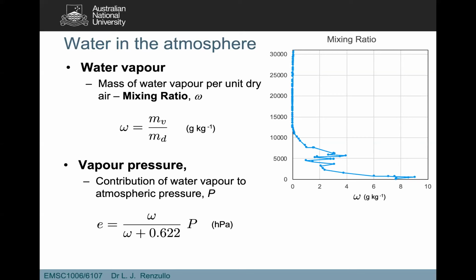The contribution that water vapor makes to the total atmospheric pressure is called vapor pressure. We represent that as this letter E, vapor pressure. E is equal to some combination of the mixing ratio times atmospheric pressure. This constant, and it is a constant for your purposes, is simply the ratio of the molecular mass of water to the molecular mass of dry air, comprised of nitrogen, oxygen, argon.